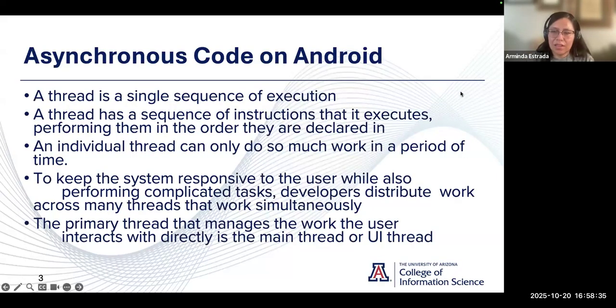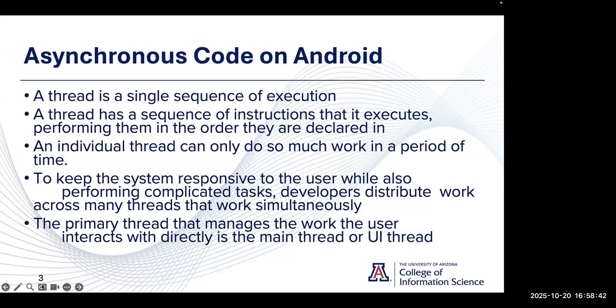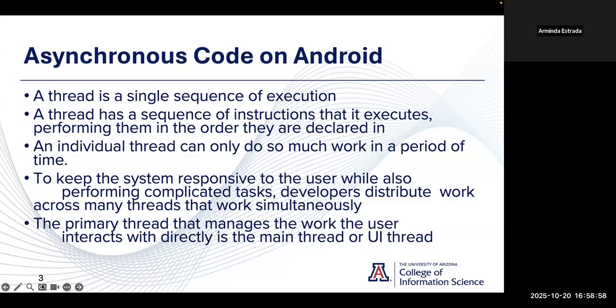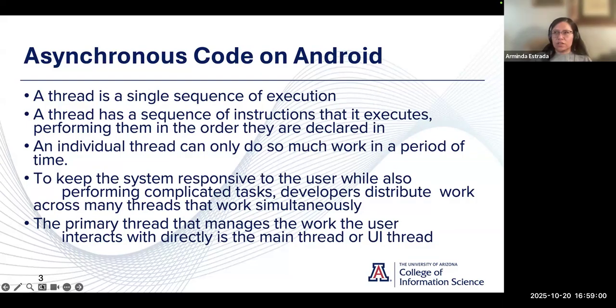So let's talk a little bit about asynchronous code in Android. Asynchronous code, so what does it mean? There's something called a thread, and this thread is a single sequence of executions. What that means is, if you were executing instructions such as go ahead and perform this action, there's a bunch of instructions that you have to follow for the action to get done.